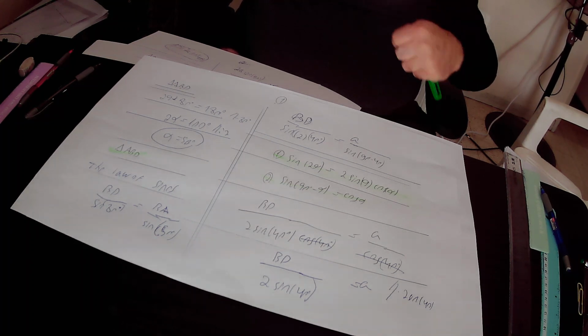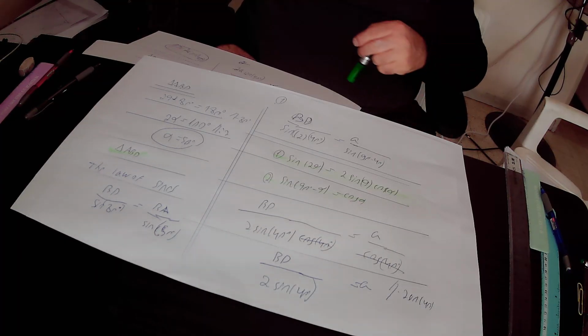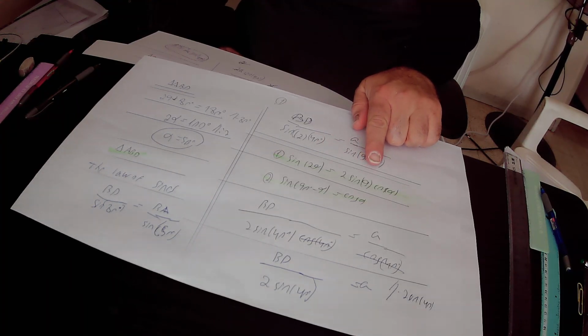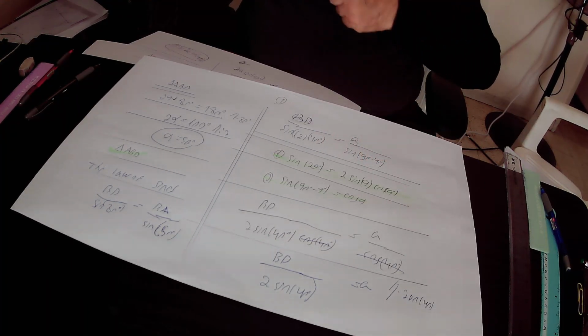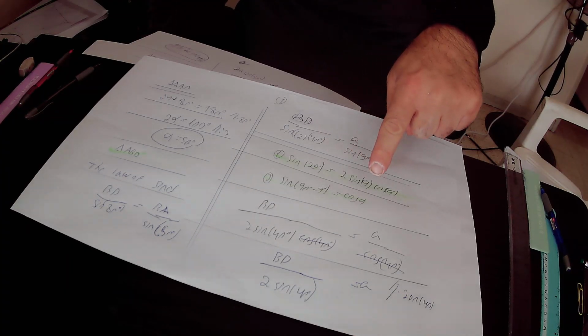Here we used two trigonometric identities in our equation. The first trigonometric identity is as follows: sine 2 alpha equals 2 times sine alpha cosine alpha. The second trigonometric identity is sine of 90 degrees minus alpha equals cosine alpha.